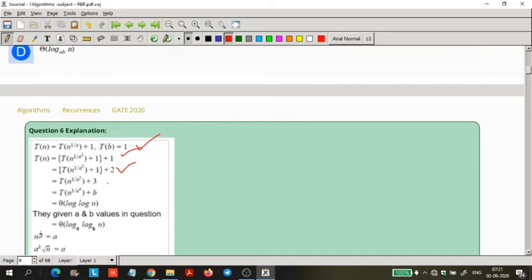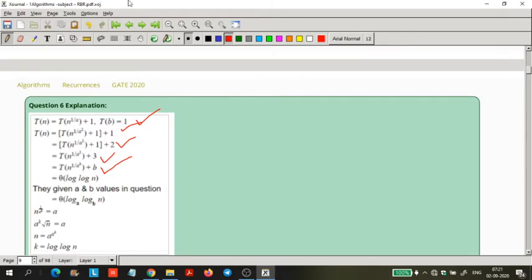So T of n raised to 1 by a to the k, plus k, gives theta of log n. For any given a and b values in the expression, it is theta of log a log n to the base b.